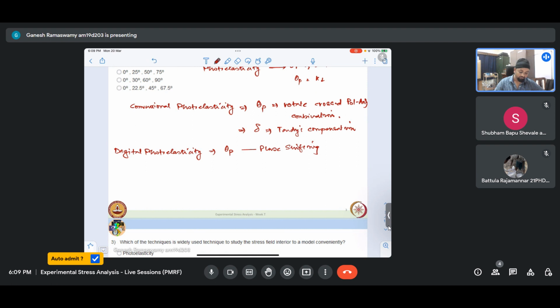Essentially, we will be taking 4 images of the plane polariscope arrangement and then doing some manipulation, mathematically playing with the intensities at each and every pixel in order to obtain theta p. Whereas when we go to delta, to retardation, we again have phase shifting, where the 10-step method is well established.